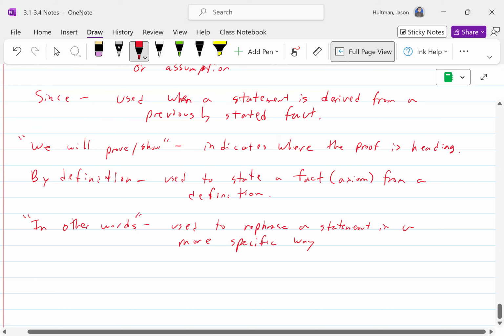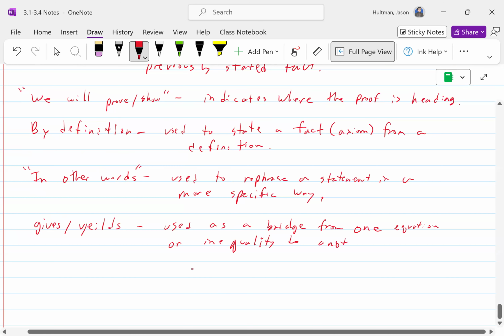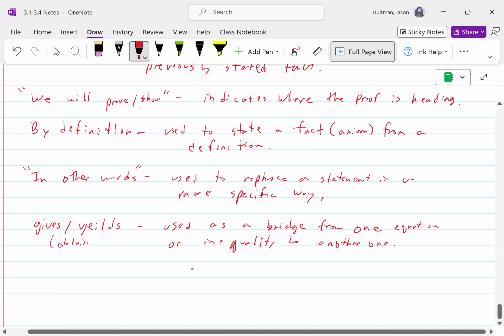In other words, and gives or yields, used as a bridge from one equation or inequality to another one. Okay, this gives or this yields, or we could say, simplifying yields this, or obtains. We could even say obtain.